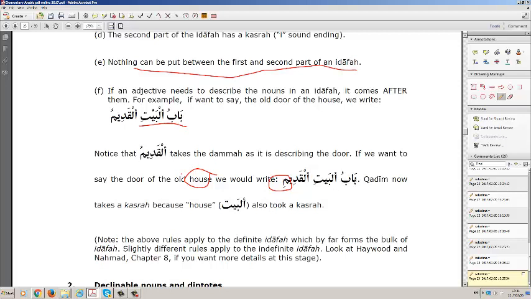Babul Baiti al-Qadimi, and the Qadimi shows that it's an adjective in agreement with this particular noun. Because when the noun is in a genitive, then the adjective has to be in a genitive, and similarly if the noun is in a nominative or accusative, then the adjective also has to be in one of those two states.